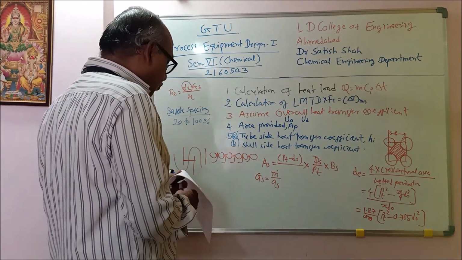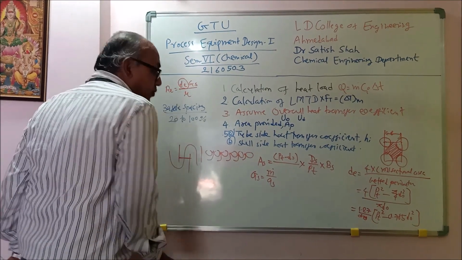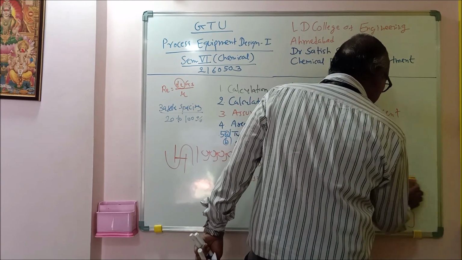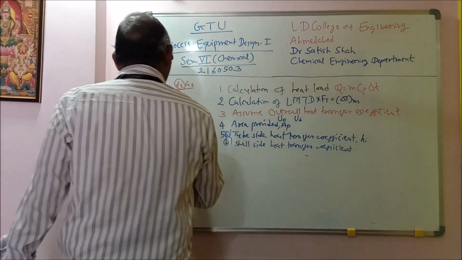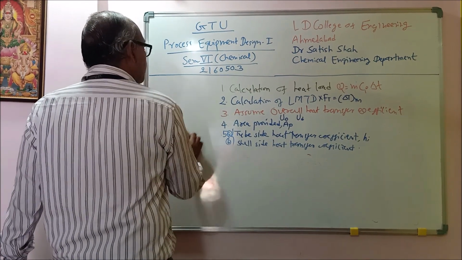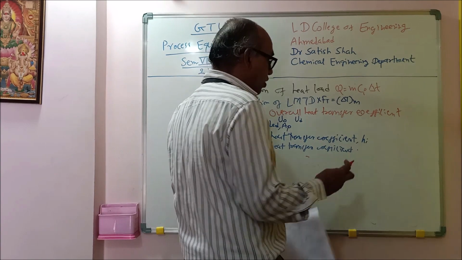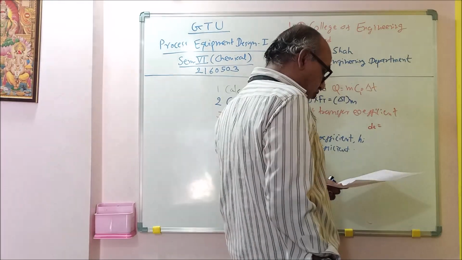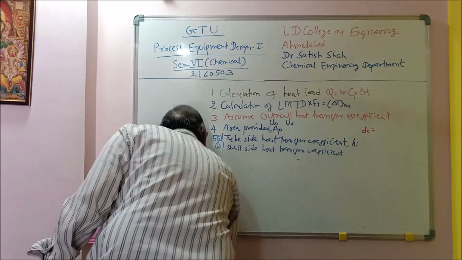But if you want to do it for the triangular pitch, then what is the difference? I will explain here also for the triangular pitch. So if you take triangular pitch, then DE for triangular pitch, again the formula will be the same, but let me first draw the figure.